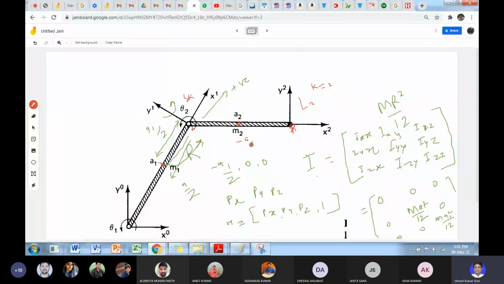It is minus a2 by 2 in the x direction. In the y direction it is 0, in the z direction it is 0. Now you calculate C with respect to the center of mass of link second with respect to 0, suppose. Then what will be the value?